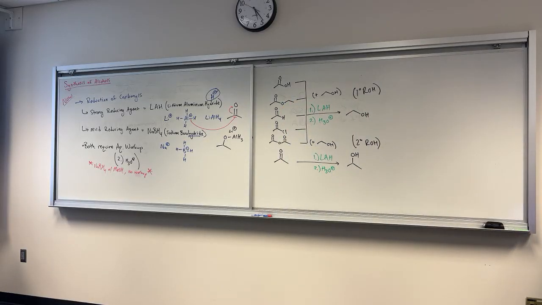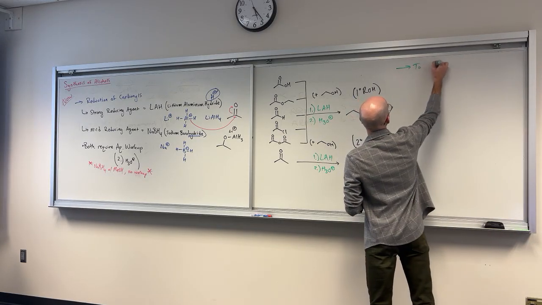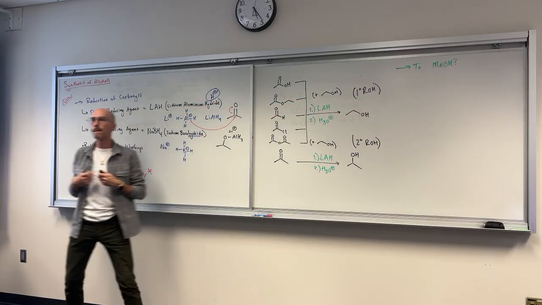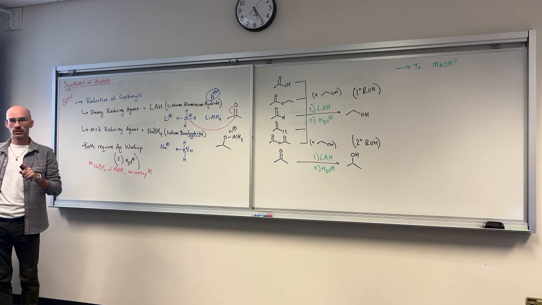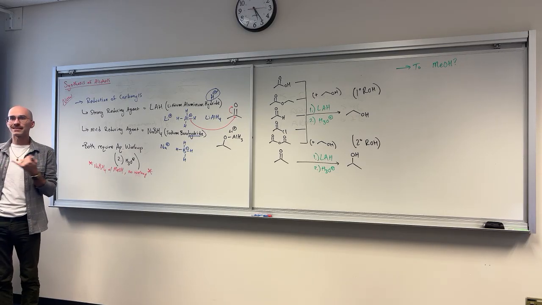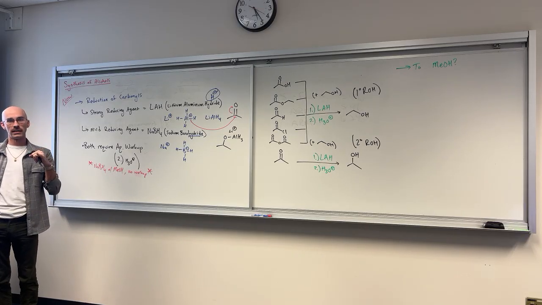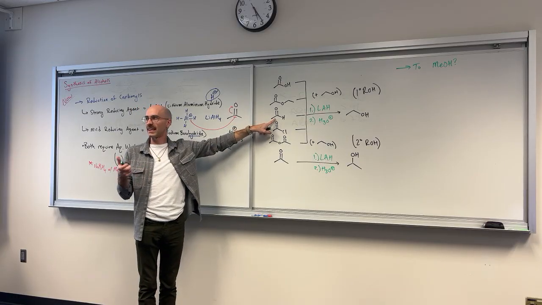So before we move on to the right-hand side, what if I wanted to get to methyl alcohol, which is not a primary carbon? Could I start from a ketone? No, because the carbon of methyl alcohol isn't attached to any other carbons, and ketones have to have carbons on either side. I can't even start from acetaldehyde or ethanal.